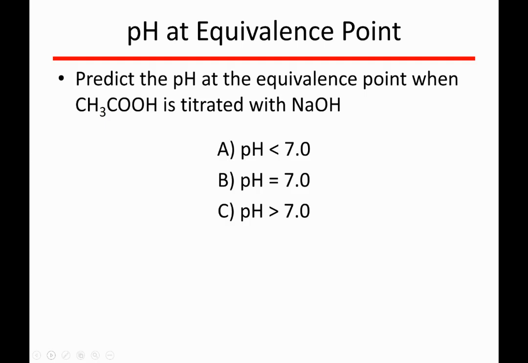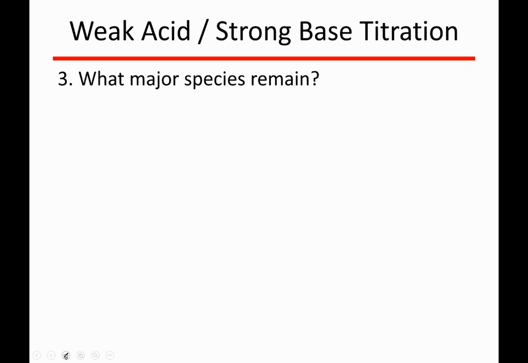Having given you some time to work on this, let's talk about what the answer is here. In order to make predictions of pH, it's really important to think about the major species that are present in your solution. So, let's write the list of major species that are remaining after that reaction goes to completion. We initially had acetic acid, Na+, hydroxide, and water.